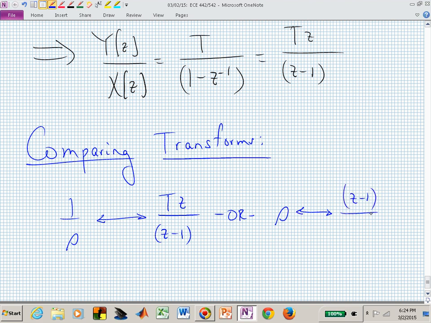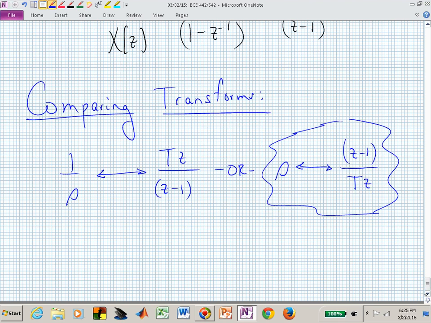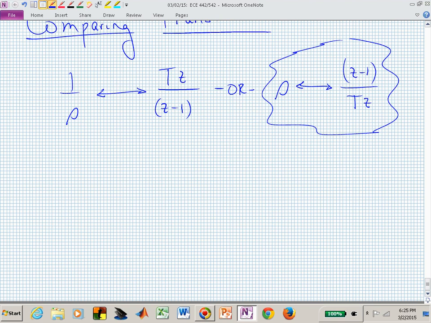We would replace it with the quantity z minus 1 over Tz. And this is now the strategy that we would use if somebody said use the backward rule of numerical integration.